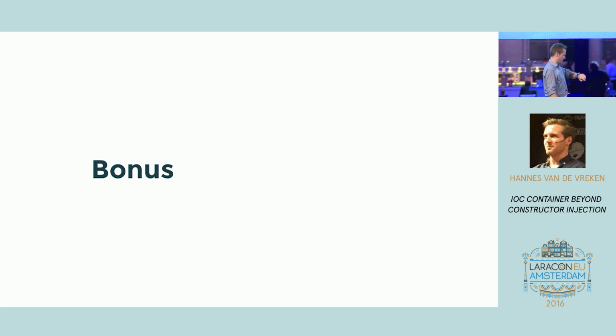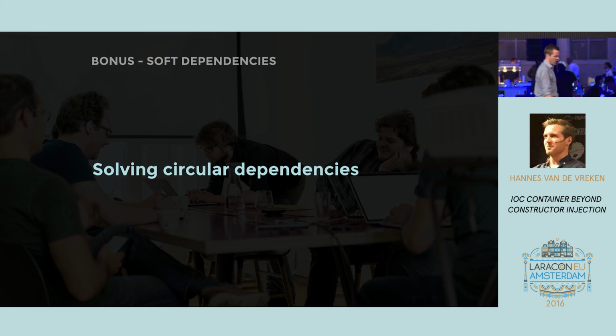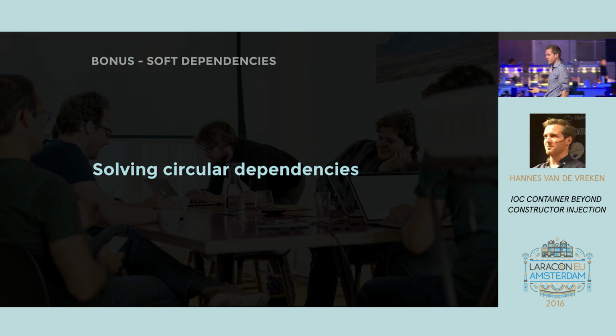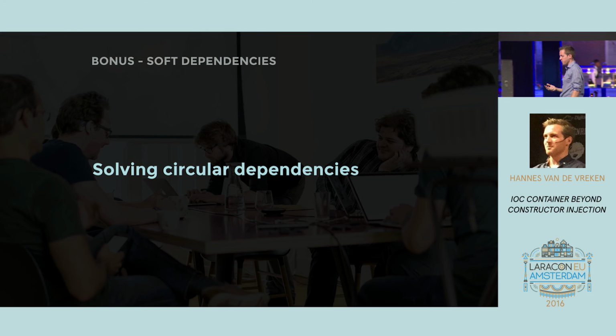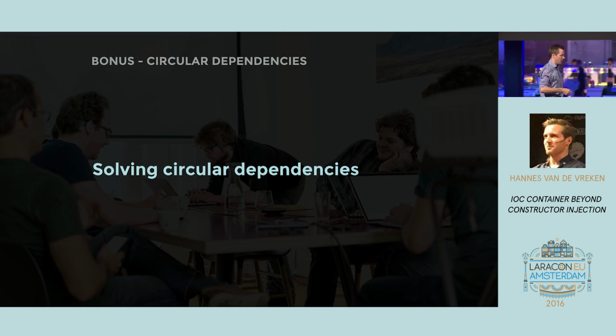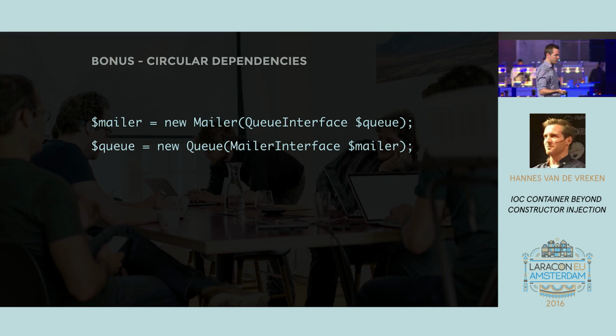Some bonus slides. I think I have some time left. Solving circular dependencies. I've told you about optional dependencies, but circular dependencies are a little bit different. Let's say you have a mailer class, which depends on a queue object, and you have a queue object, which depends on a mailer class.